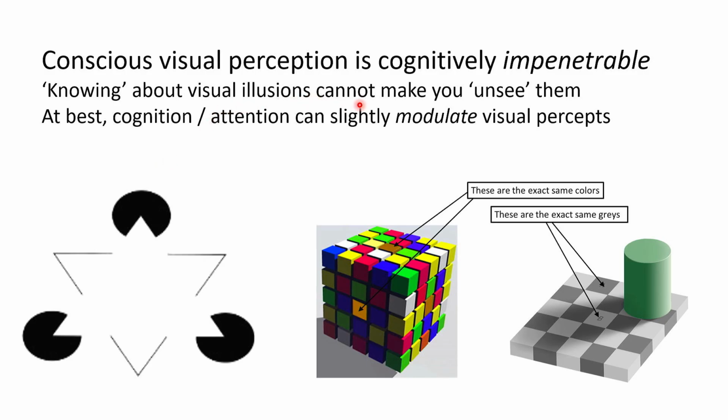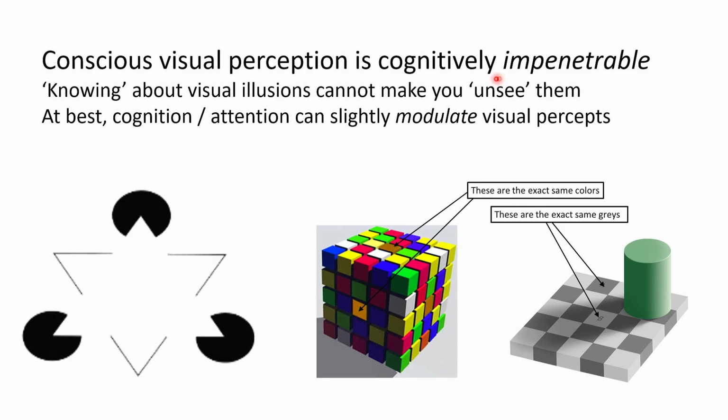So knowing about these visual illusions cannot make you unsee them, which is what the concept of cognitive impenetrability means. Cognition cannot interfere with conscious visual perception. Conscious visual perception does its own thing, regardless of what you think of it.